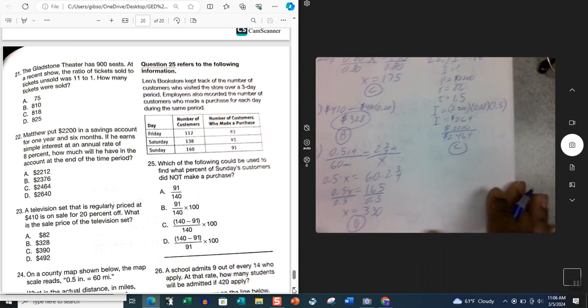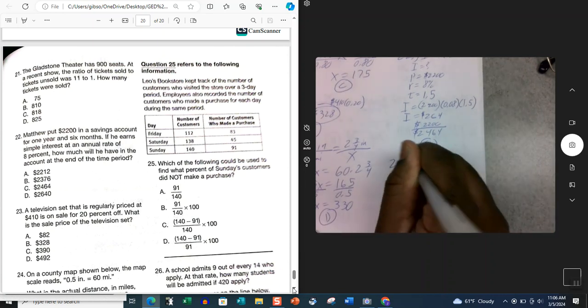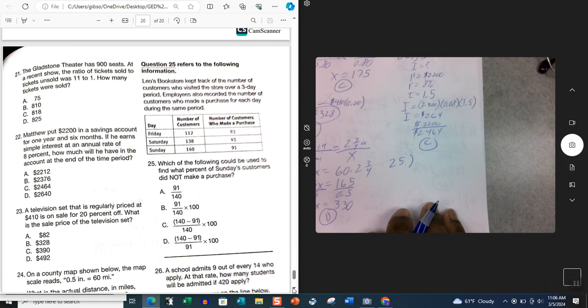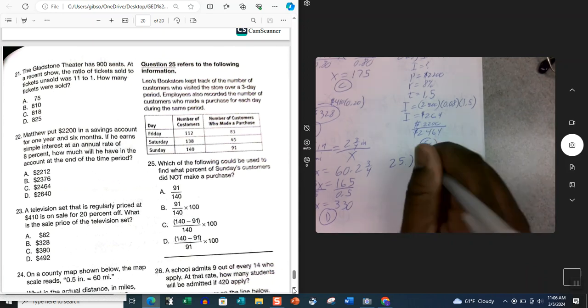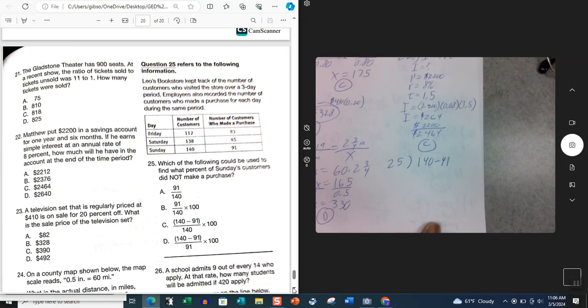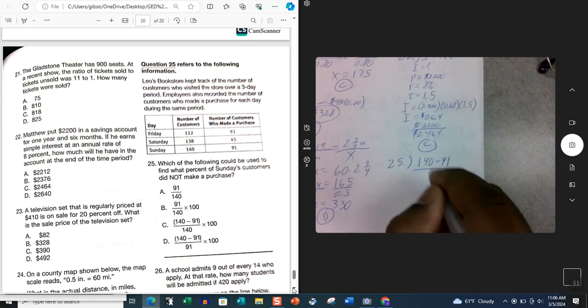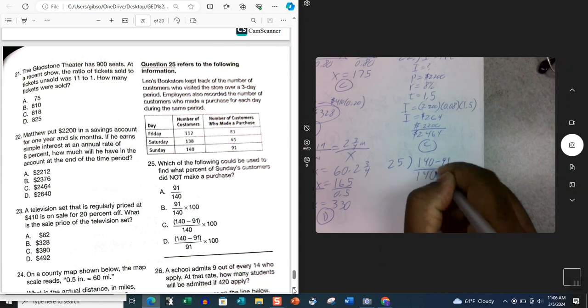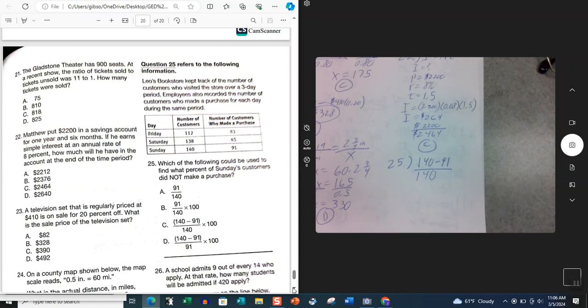So basically for 25, we already know to find out how many did not make a purchase, we would take the total amount of customers minus the amount that made a purchase, divided by the total amount of customers. Now, we would be done here, but by hand, we would end up with a decimal here.